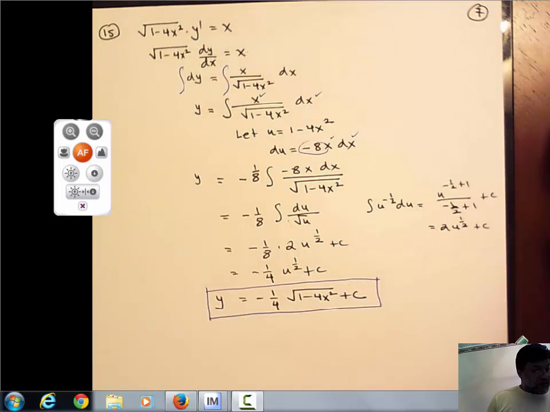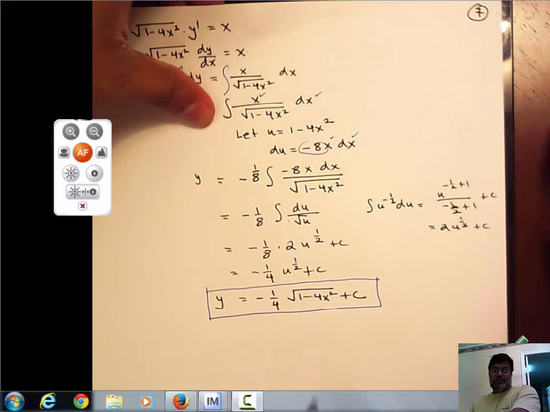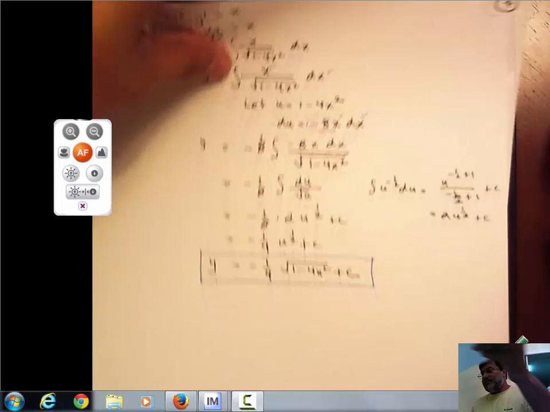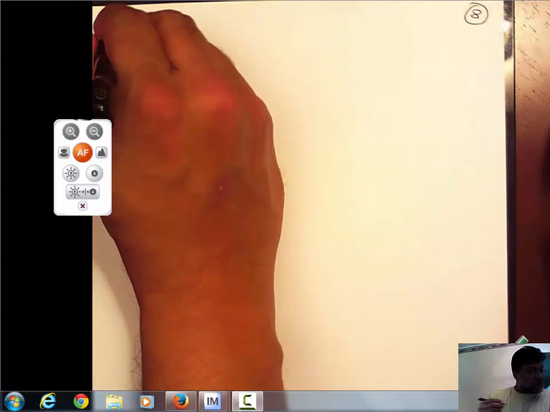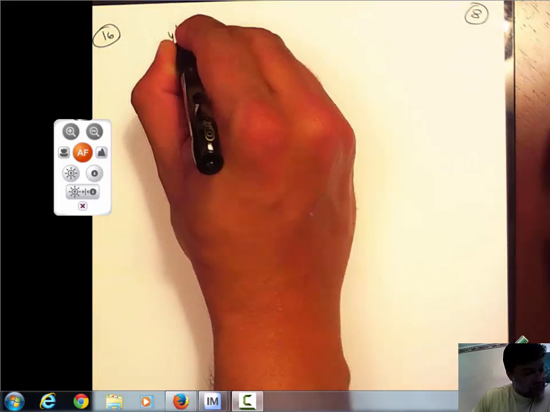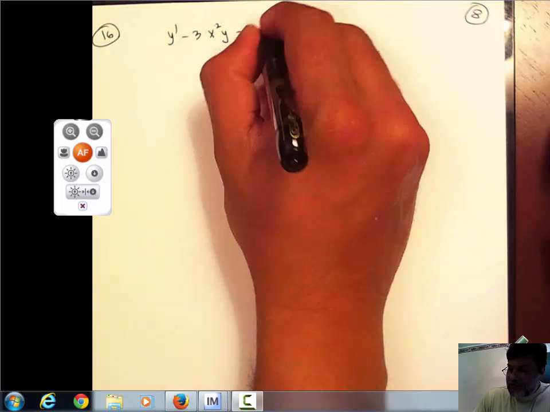The last one is 16. y prime minus 3x squared y equals e to the x cubed.